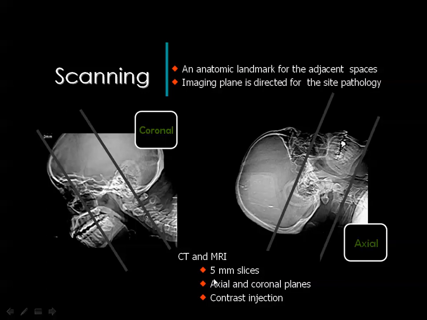Then in the coronal plane, you cover the area of the pharynx from posteriorly the spine, and you go anteriorly until you reach the main part of the maxillary sinus, for example. The scanning intervals are every 5 millimeter, and we should have axial and coronal scans, and many times we need to inject intravenous contrast material.